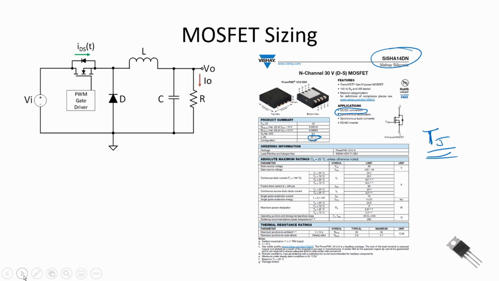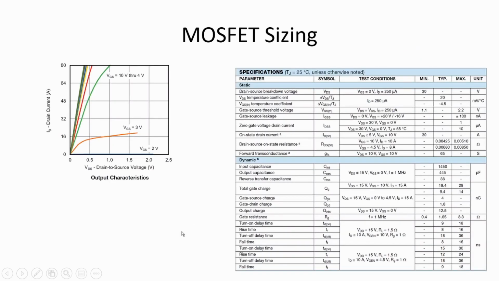I've got an expanded version of this data sheet, and for the next section, when we look at the efficiency calculations in the next video, I'm going to use the rise time and fall time off the data sheet. And again, I said sometimes these aren't the best to use, but if we look at them, we have a turn on and turn off time of 12 plus 9 nanoseconds, which gives us a total switching on and off of 21 nanoseconds.